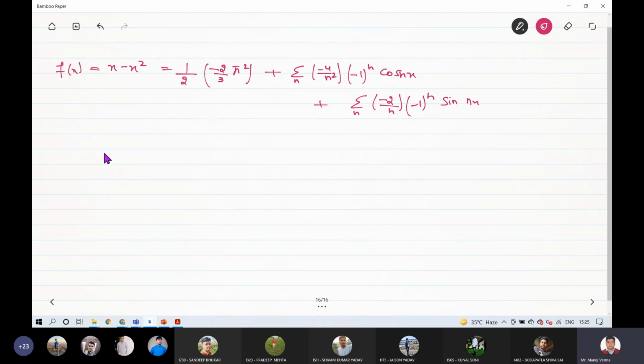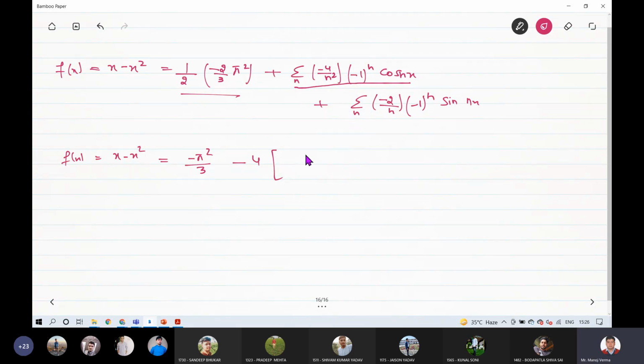So if I open this summation, the first term will be simply minus pi square by 3. Okay, and this 4 I am taking as common from this expression only, minus 4, and if I insert n is equal to 1, then it will be 1 by 1 square, and if n is equal to 1, then it will be minus 1.